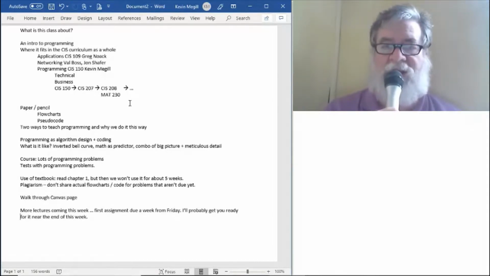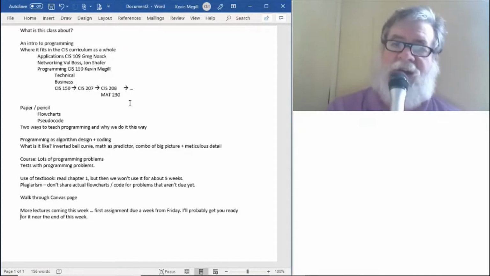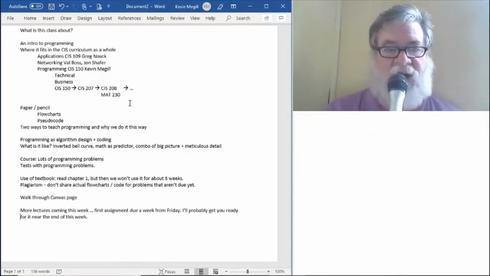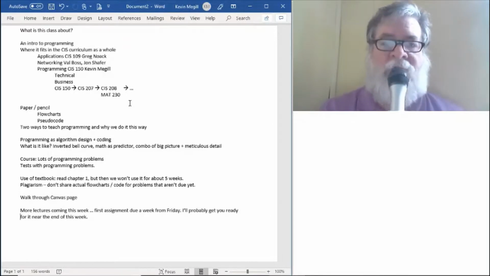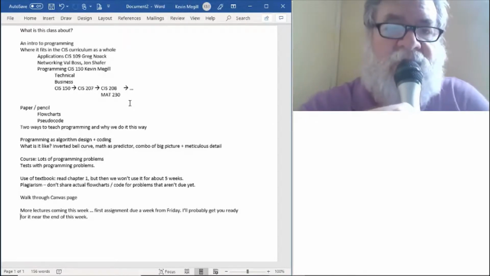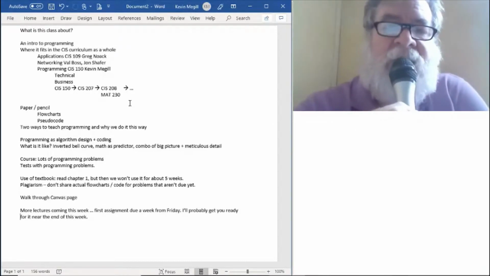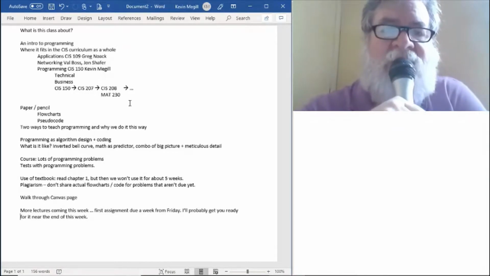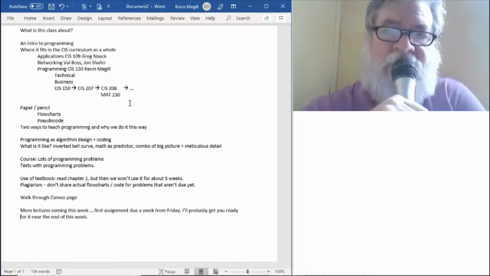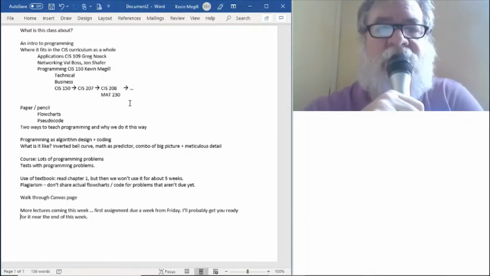So you'll start taking C++, and then you'll move on to a second semester of C++, which will be sort of the equivalent of our CIS 208 partly, but then you'll take the third semester, which gets into the data structures and algorithms. That's the way it's often done at 4-year universities. In community colleges, they frequently do it the way we're doing it. They have a pre-programming logic class first, which is our CIS 150, and they don't even use a specific programming language. Then when they get to the second semester, they start teaching the programming language.